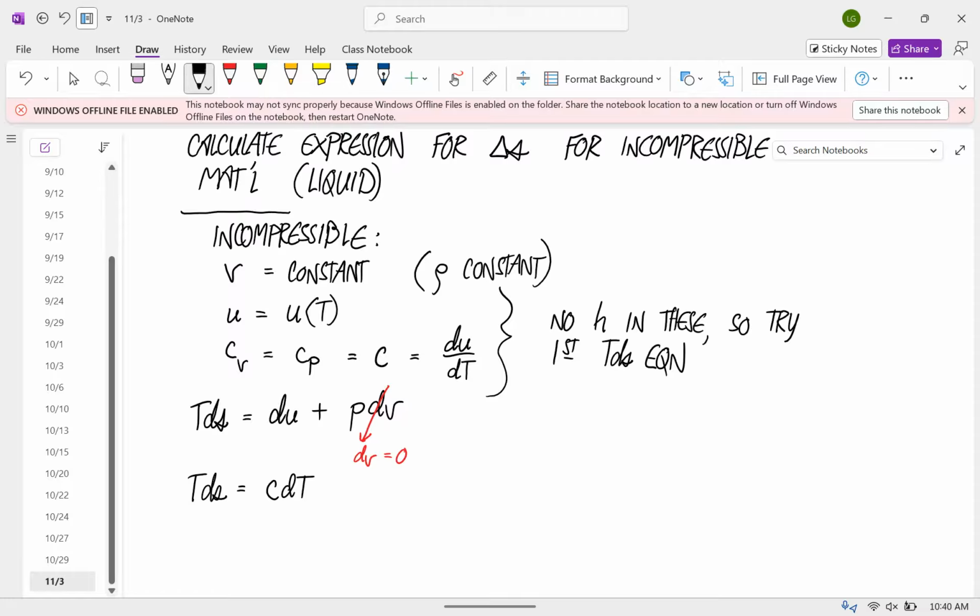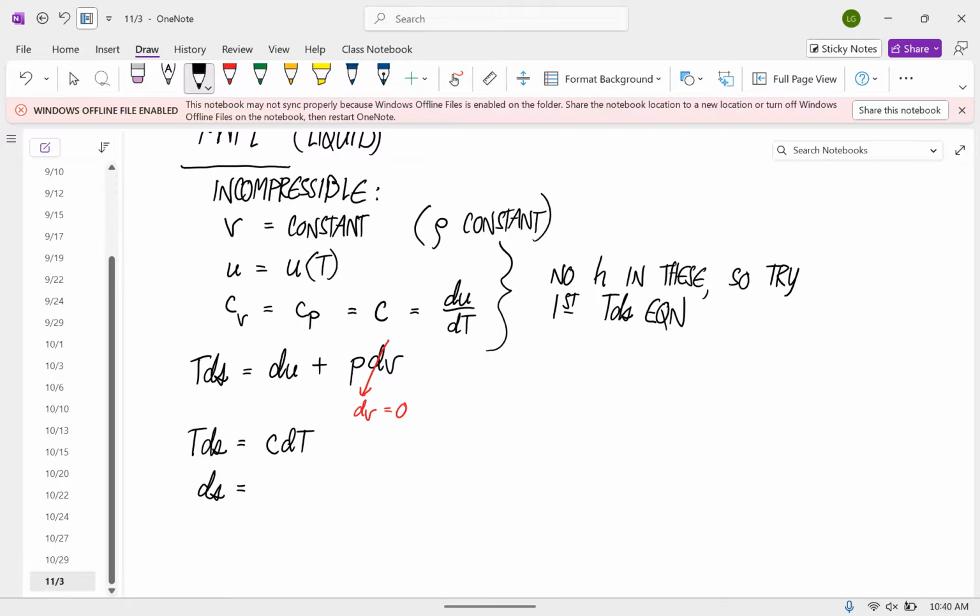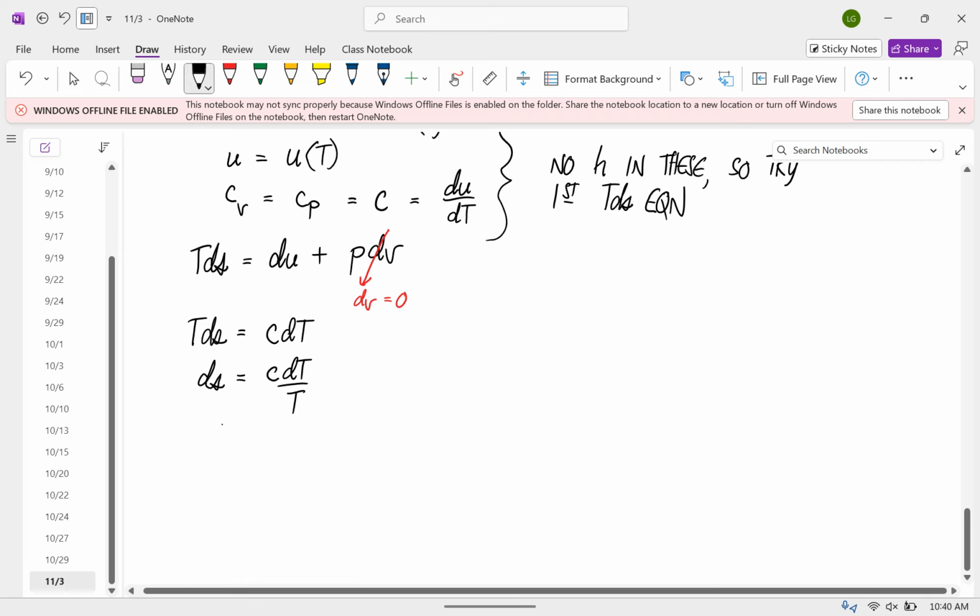Okay. And now we can divide both sides by T, and we get ds is equal to c dT over T. And now we can integrate both sides.